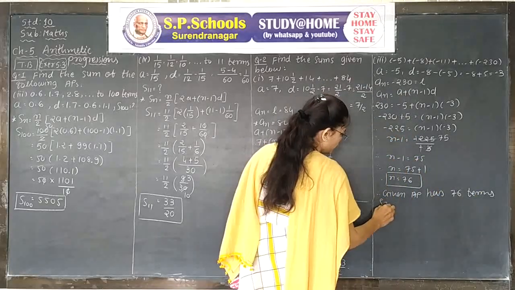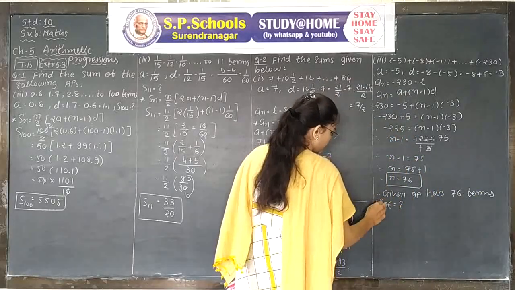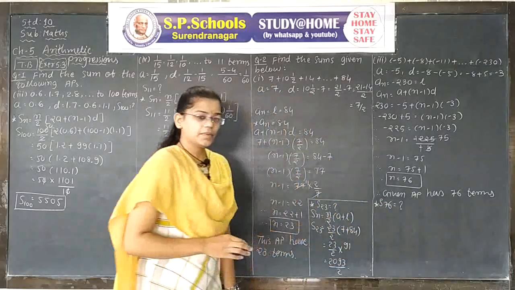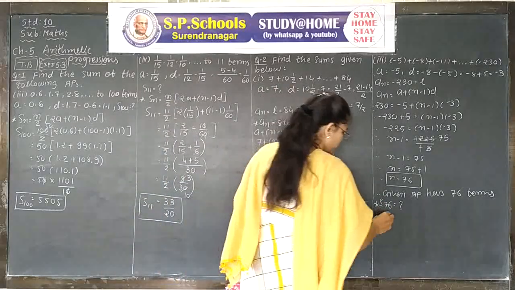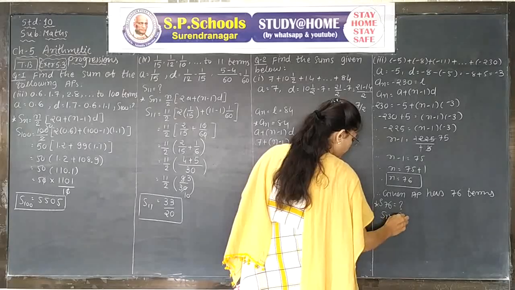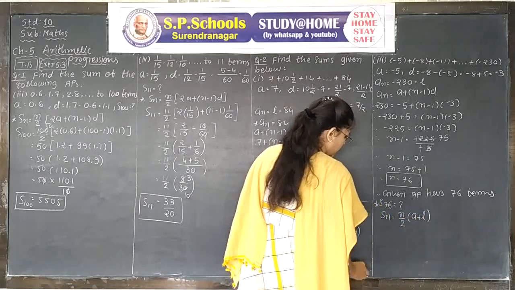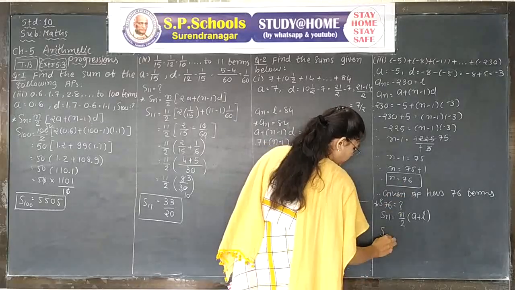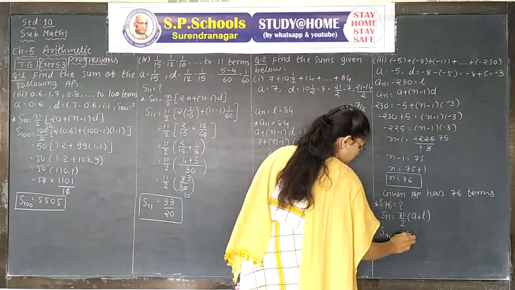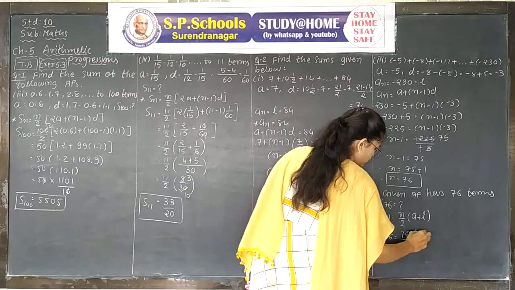To find the sum of 76 terms of the finite AP given here, we know the last term, that's why I use the short formula. Sn is equal to n upon 2 into bracket (a plus l). Instead of small n, we take 76. 76 upon 2 into the bracket.